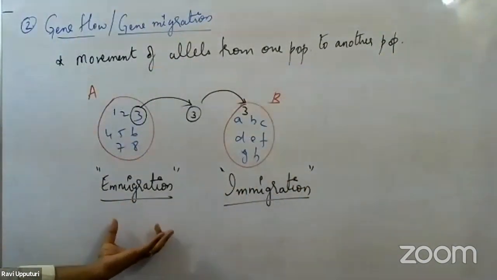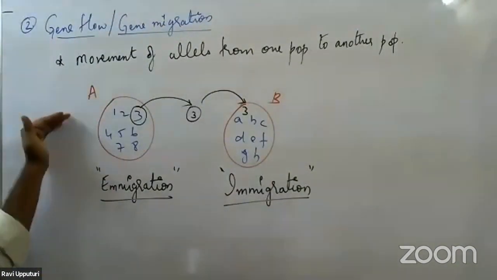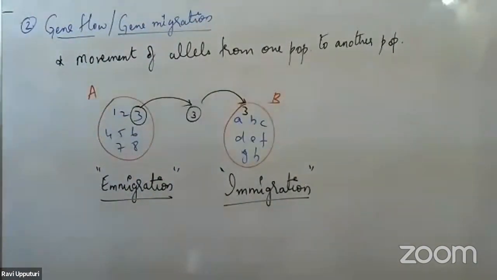So through the process of emigration, the genes are being removed from the population, or there is loss of genes from the population. Whereas through the process of immigration, the genes are being added to another population.